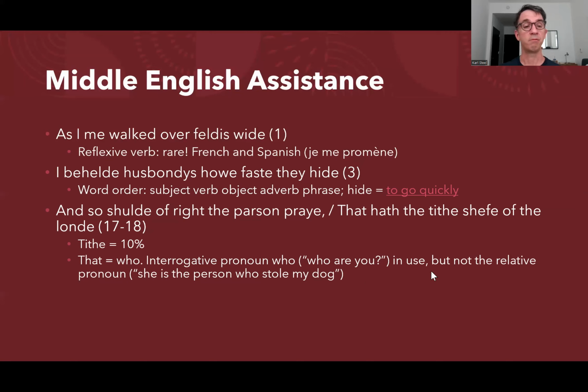But it doesn't have the relative pronoun who, like she is the person who stole my dog, or this is the priest who has the tenth part of the harvest. So in modern English, we would translate that as who. I often see, however, the students will use that and who interchangeably. That's fine. That's just the way English works. But we do have this brand new wonderful thing, which is the relative pronoun who, and I like it.